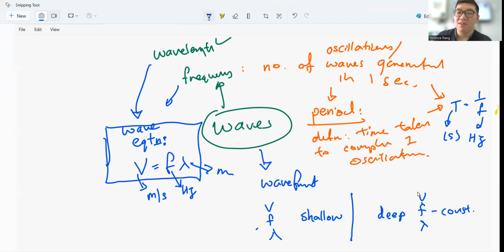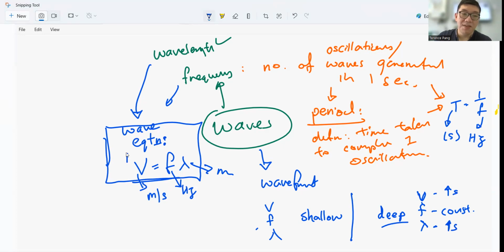What about the speed? Let's talk about speed first. Okay, so it goes to the deeper region. Speed increases. And because of the formula, lambda therefore will increase or decrease? Okay. Lambda will increase. Why?